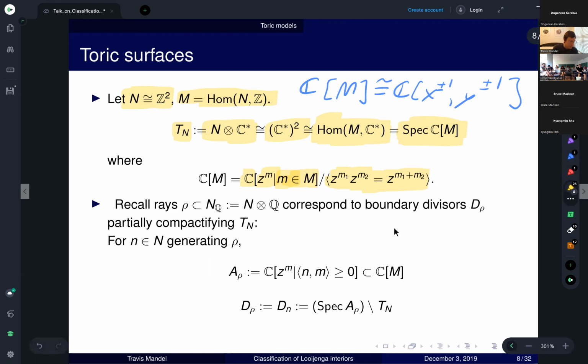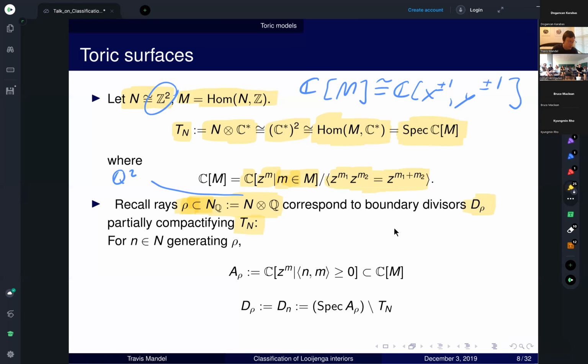And now, any ray of rational slope, or any ray in N tensor Q, which you think of as Q squared, tensoring this with Q to get Q squared. The rays will correspond to boundary divisors for partial compactifications of your algebraic torus.